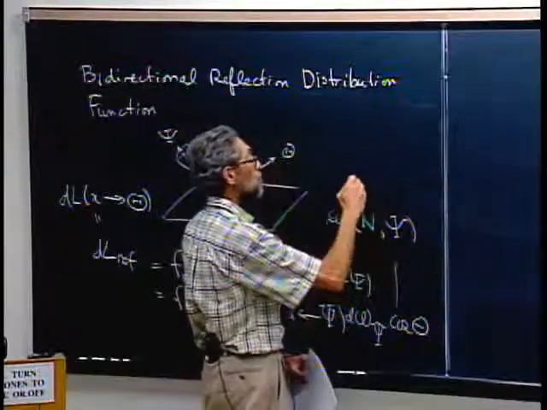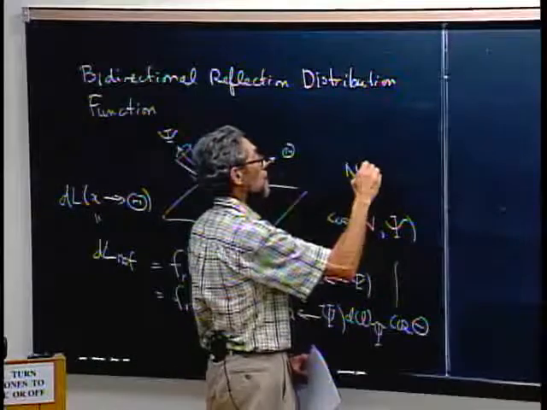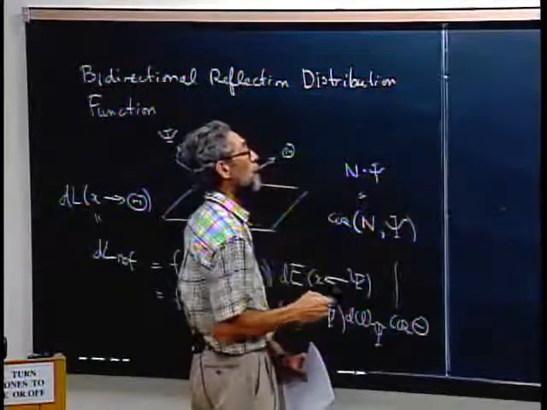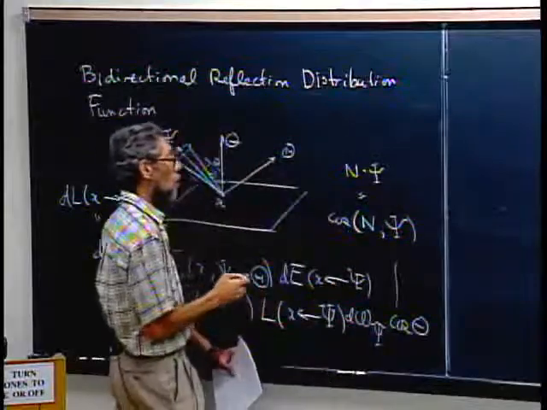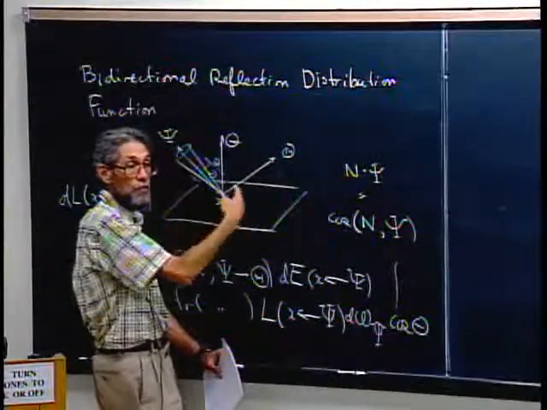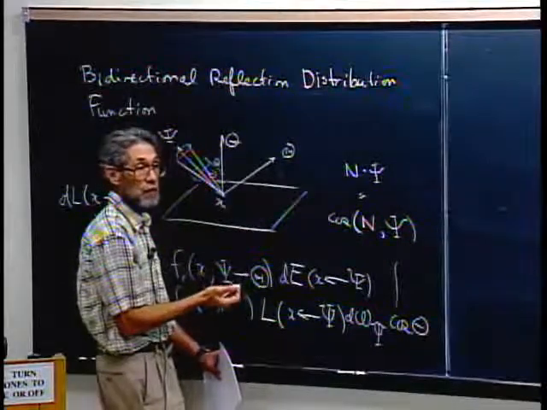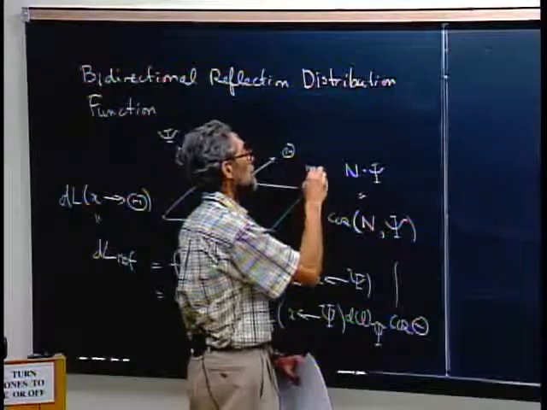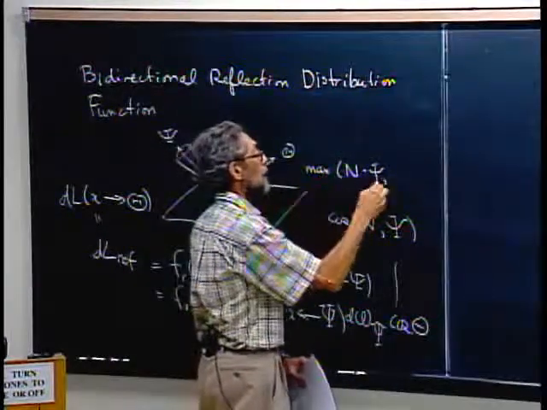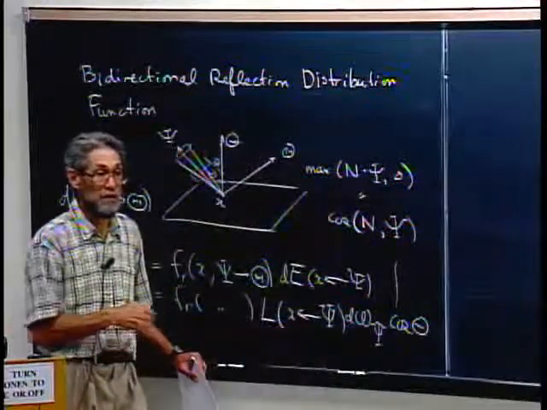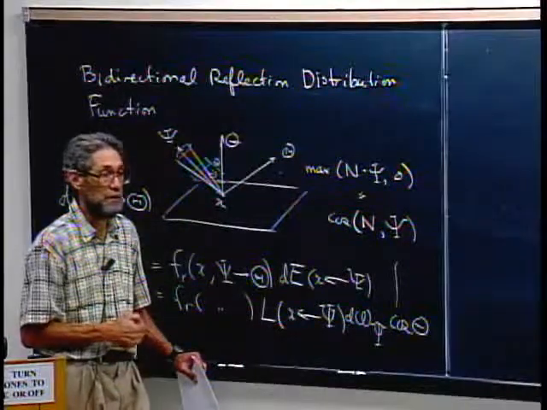And you can really just compute it as the dot product of n times that unit vector. But in general, we're only going to look at light coming in from the hemisphere above the surface. So this is always going to be a non-negative dot product. But if you want to do shading, it's better to just take the maximum of that dot product and 0. And then if the light is coming from below the surface, it's not going to contribute to the reflection.